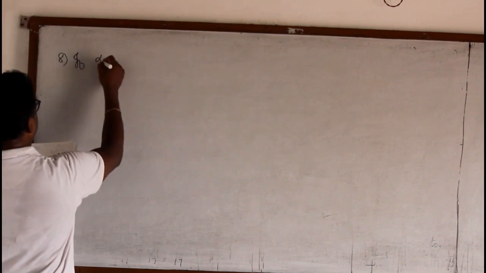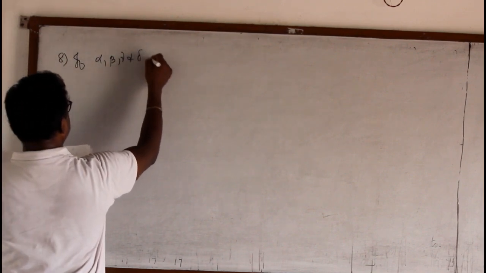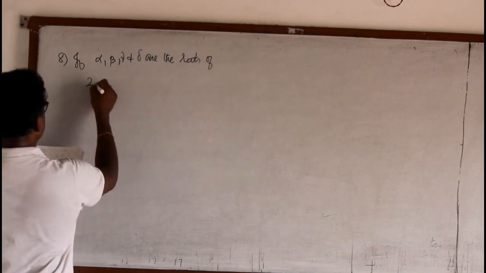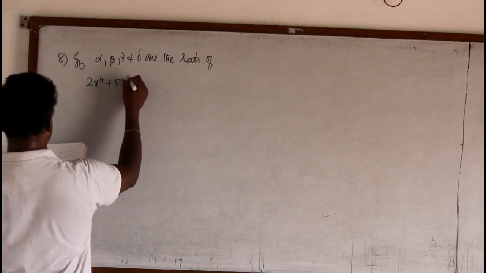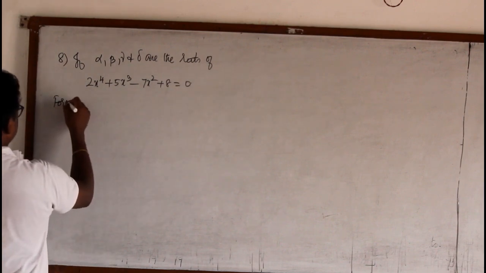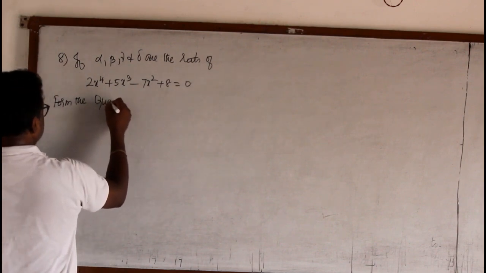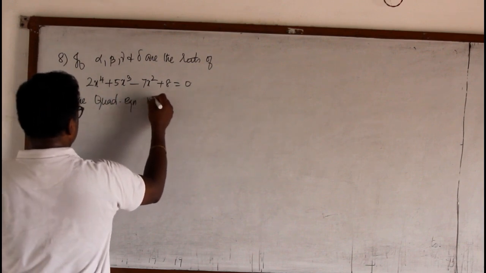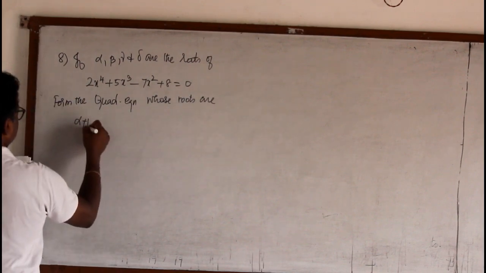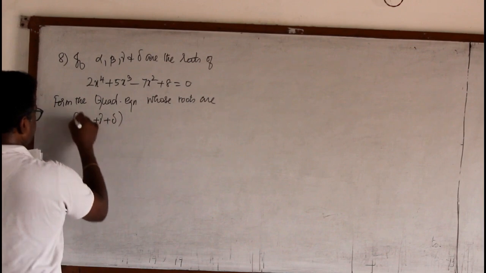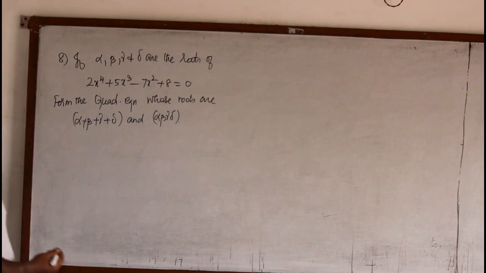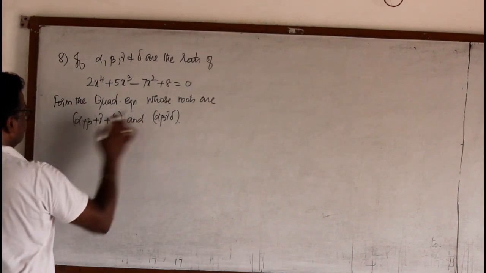If alpha, beta, gamma and delta are the roots of 2x^4 + 5x^3 - 7x^2 + 8 = 0, form the quadratic equation whose roots are alpha + beta + gamma + delta and alpha beta gamma delta. So that means I have to find out the quadratic equation whose roots are this.